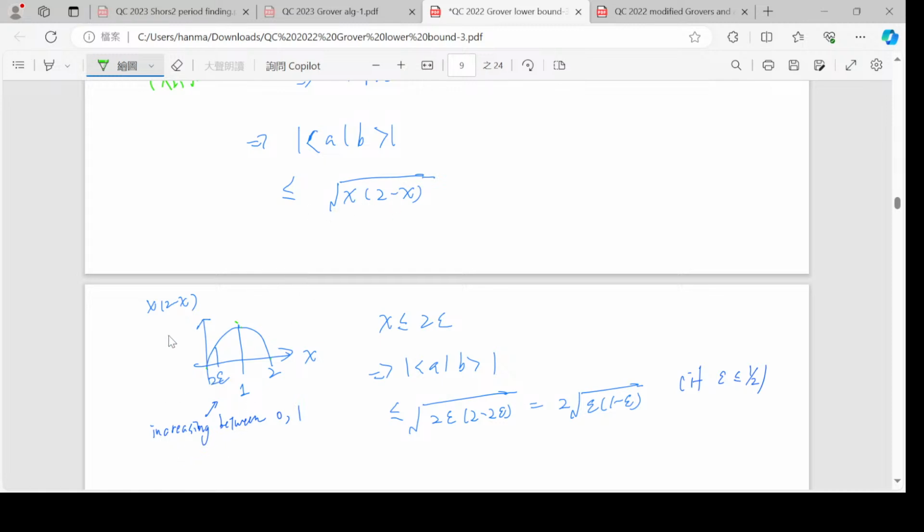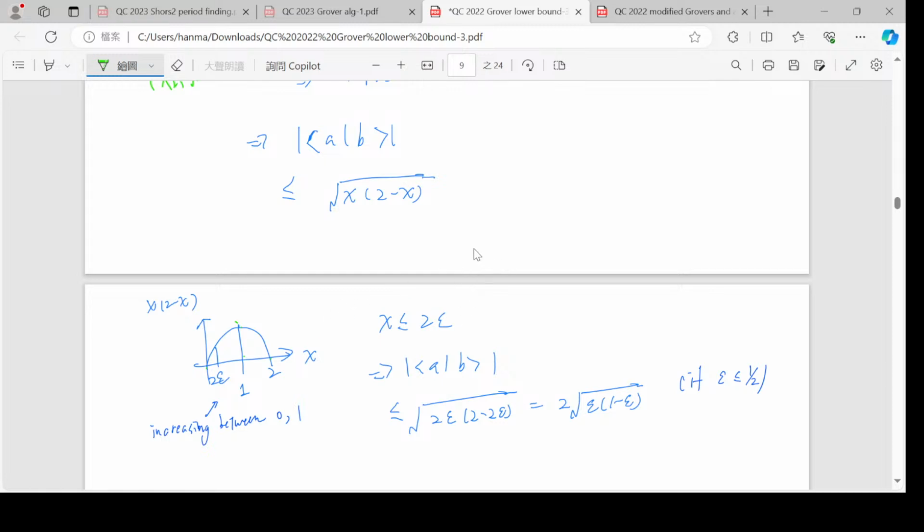Actually we plot x times 2 minus x instead of the square root, but the square root doesn't change the monotonicity. So we see that this function is increasing between 0 and 1.